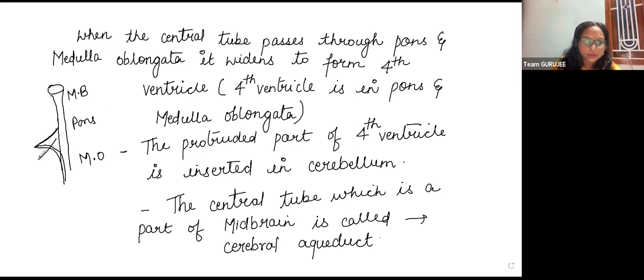Now this is called your fourth ventricle. This portion of the central tube which is there in the midbrain, that's called your cerebral aqueduct.